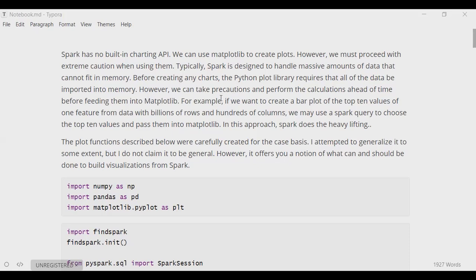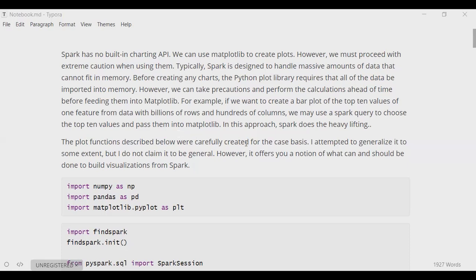For example, if you want to create a bar plot of the top 10 values of one column from data with billions of rows, or maybe hundreds or thousands of columns, we might use a Spark query to choose the top 10 values. Why? Because those are billions of rows and hundreds or thousands of columns, I mean features. Then we move forward with matplotlib.